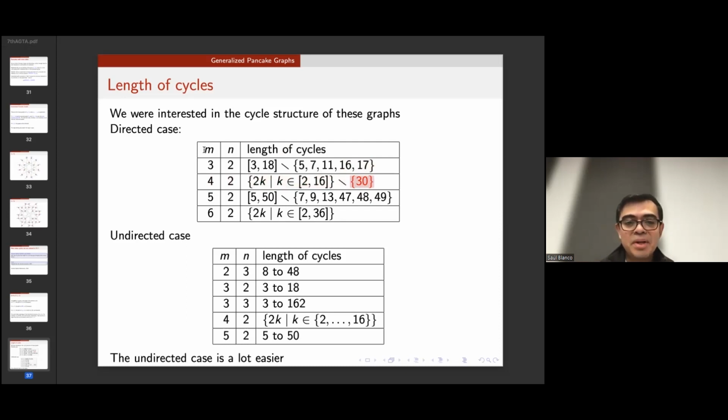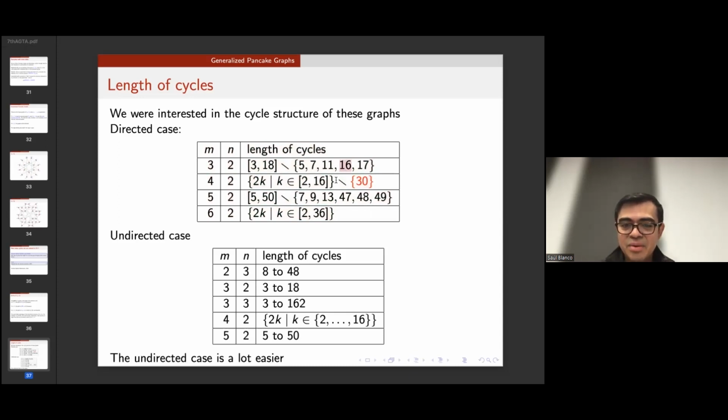When you see something like this and you try to prove it, first of all, you try to come up with a conjecture for the lengths of the cycles. But we don't have a conjecture, because the numbers seem kind of arbitrary. You might think maybe it's the prime numbers, but then you have 16.